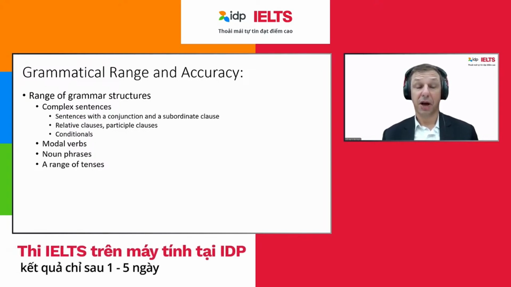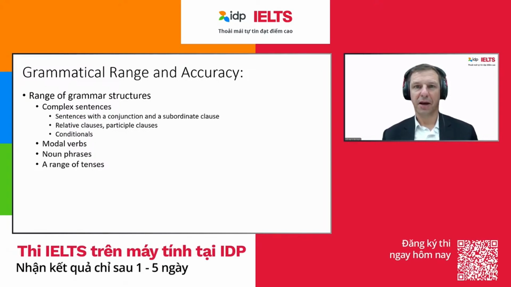Noun phrases, I mentioned one of those before, like you have a phrase for the subject of a sentence, like, for example, the man standing over there is looking at you. So, of course, the subject of that sentence is a noun phrase, the man standing over there. And you need to try to use a range of tenses.